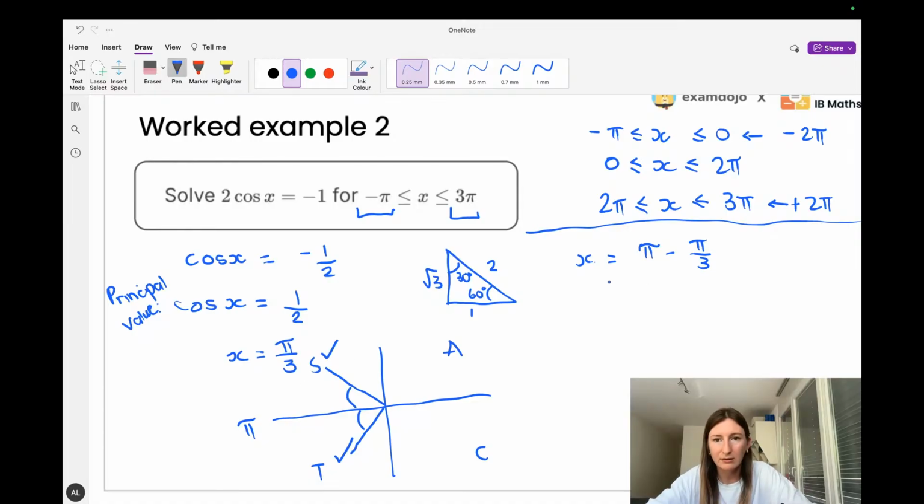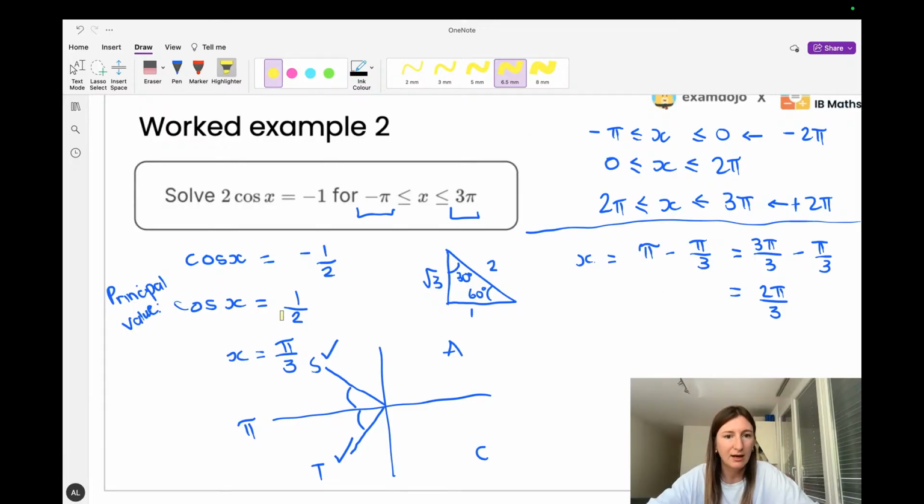And that is, just for lack of space, put them all with a denominator of 3. So that's 3 pi over 3, which gives us 3 pi minus pi is 2 pi over 3. All right, so there we have one. We'll check later whether it's in our domain. Maybe I'll just highlight the ones that we have for now. This one wasn't valid.